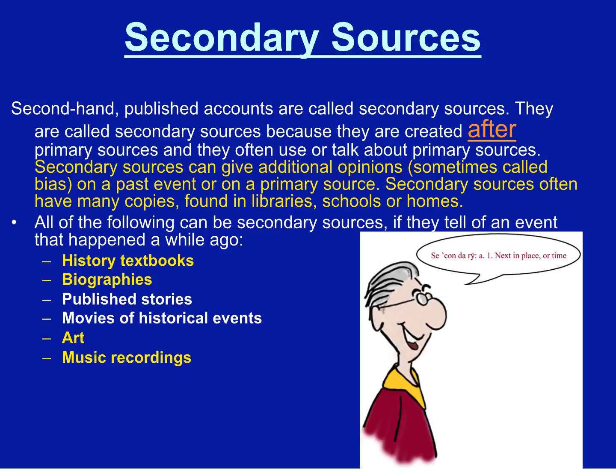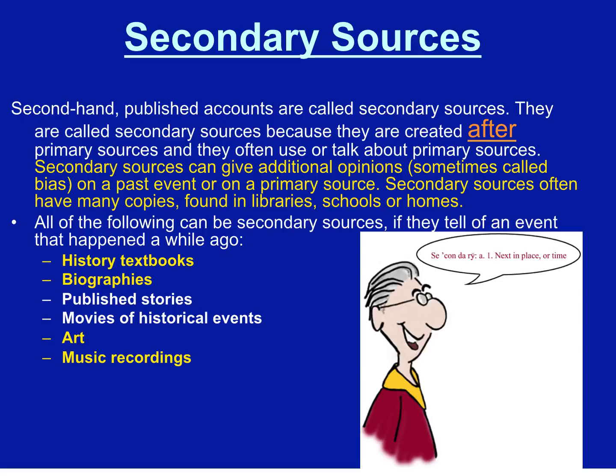Secondary sources can give additional opinions, sometimes called bias, on the past event or on a primary source. Secondary sources often have many copies found in libraries, schools, or even homes.